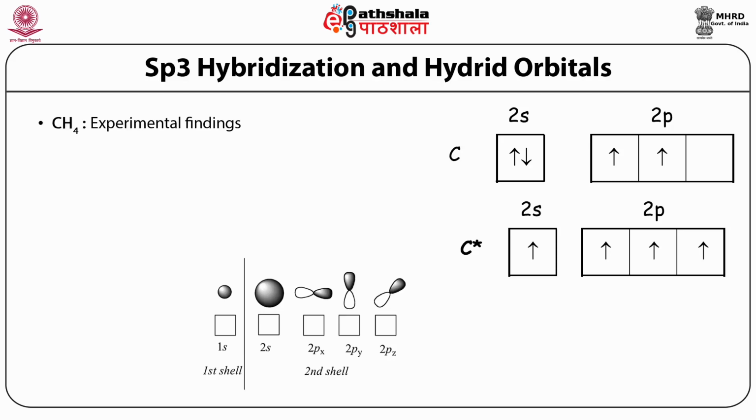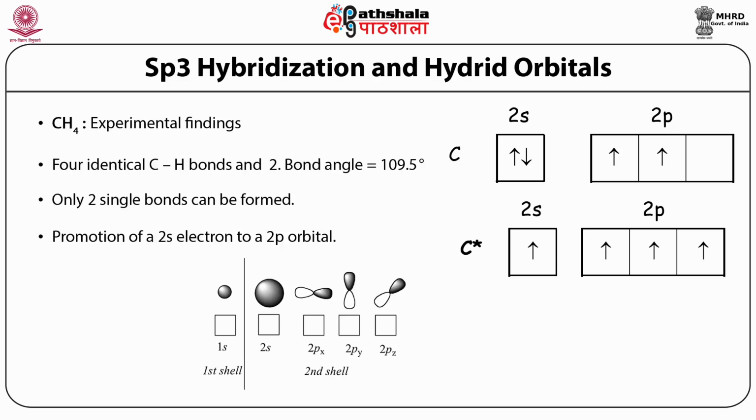Now we have 2 experimental findings, that is, CH4 has 4 identical CH bonds and the bond angle between them is around 109.5 degrees. The carbon atom can use its 2 singly occupied p-type orbitals to form 2 covalent bonds with 2 hydrogen atoms, yielding the methylene CH2, which is an unstable molecule.